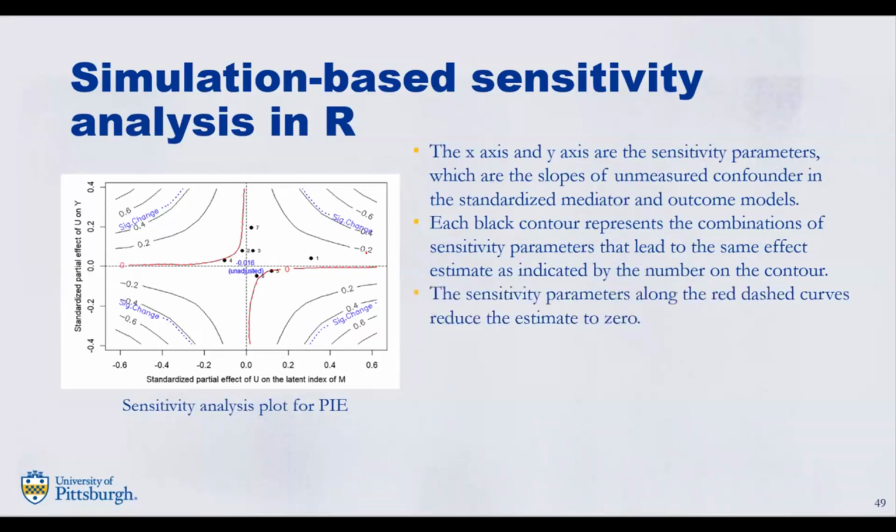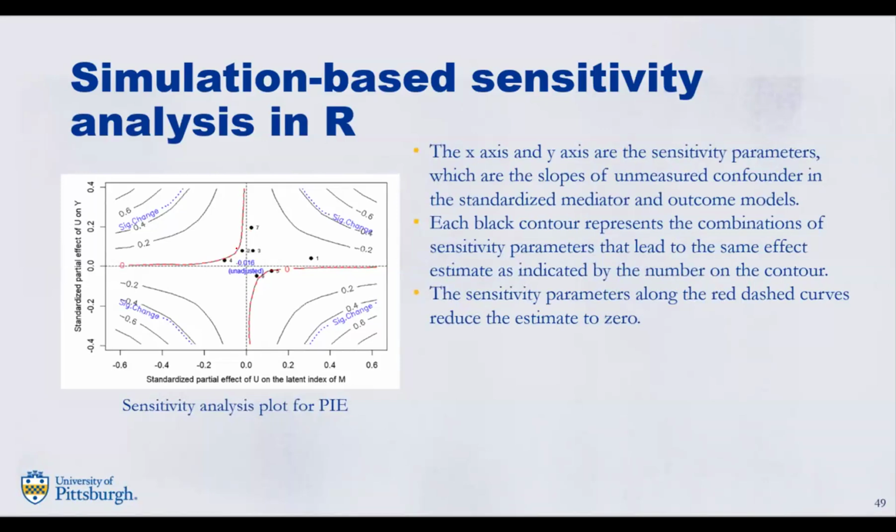And the sensitivity parameters along the red dashed contours reduce the effect to 0. That means when the sensitivity parameters take the values on those red contours, then the effect with adjustment for such unmeasured confounders becomes 0. The original effect estimate is negative 0.016.